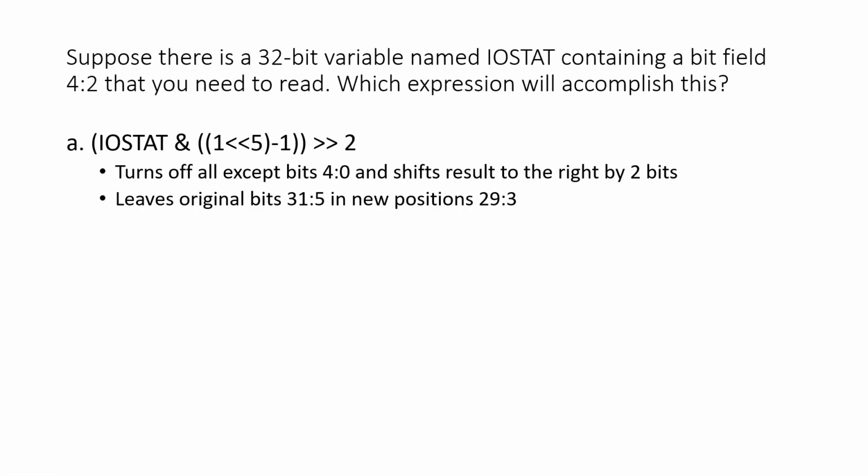Now you might say, well, that's no good. Well, actually, that's not bad. I mean, we want bits 4 down to 2. So 4, 3, 2, 1, 0 is 5 bits, right? So we're masking off the lower 5 bits.